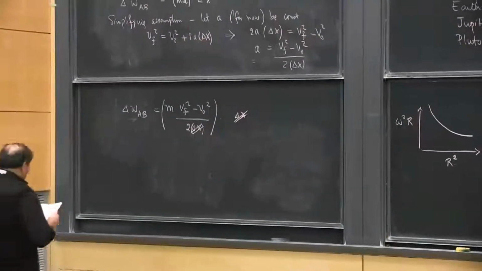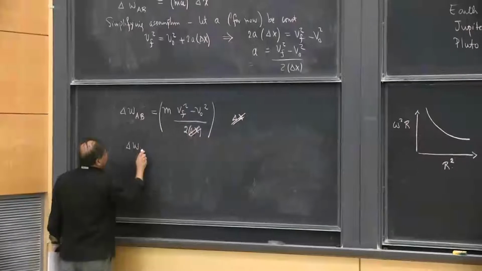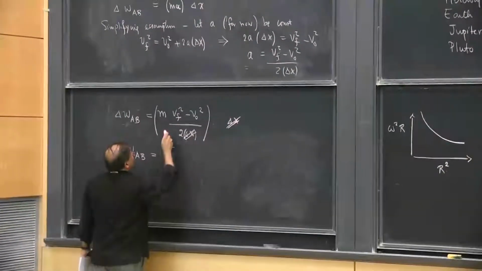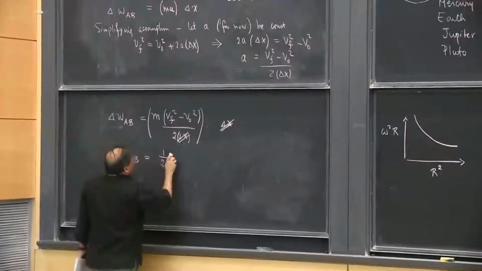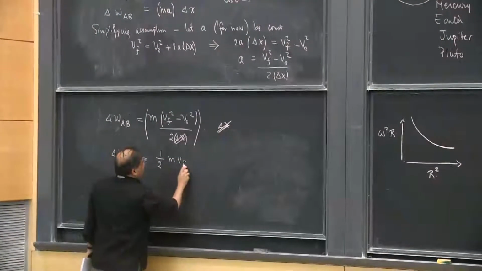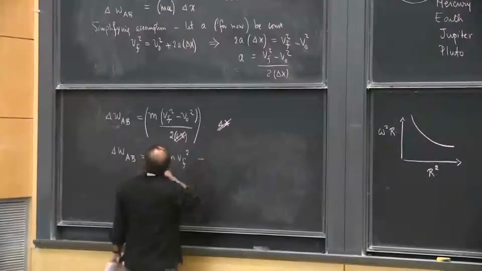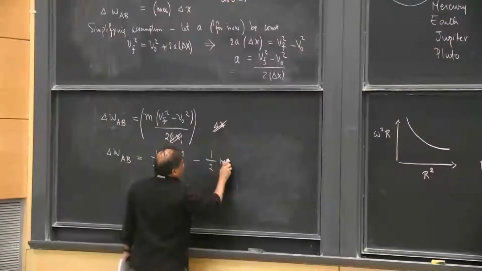So what I'm left with is delta W is 1/2 m times v final squared, which is actually the velocity at B, because it's going from A to B, minus 1/2 m v initial squared.